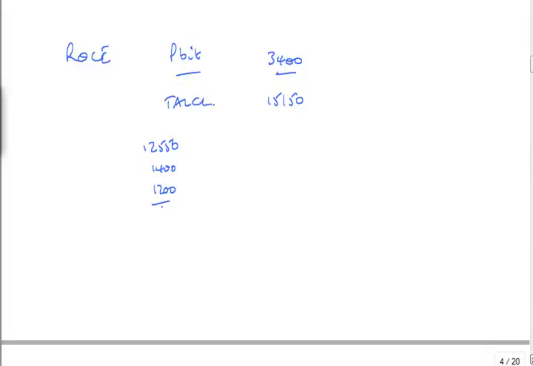So that's 14,150. That's where that figure's come from. And that works out to be, with my trusty calculator, 3,400 divided by 15,150 is 22.44%.